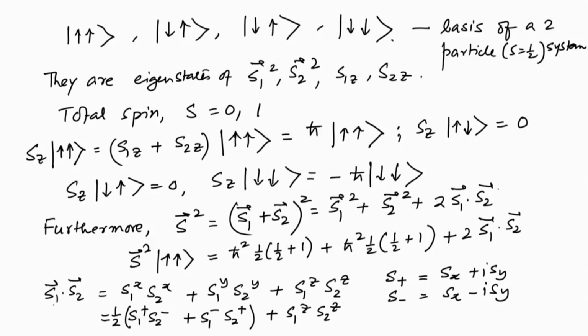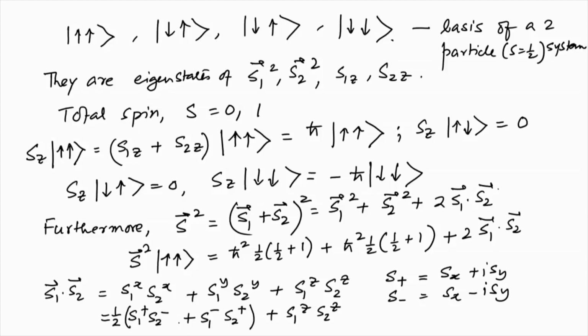Hence we can see that S square acting on up up: the first term gives 3/4 ħ square, and the second term gives 3/4 ħ square as well. Now, we have 2 S1 dot S2. For the up up state, this will raise the spin and hence it will be 0, because up up is the maximally aligned state. Though S2 minus can give you a non-zero contribution, S1 plus will give 0, and similarly S2 plus will give 0, and that is why these two terms do not contribute.